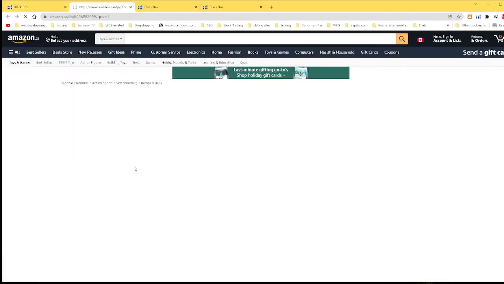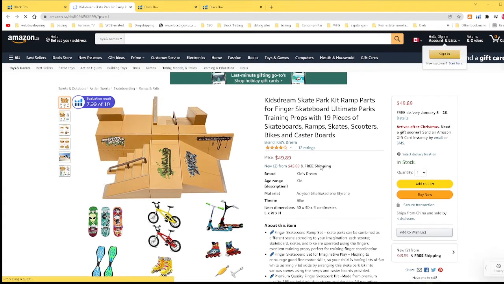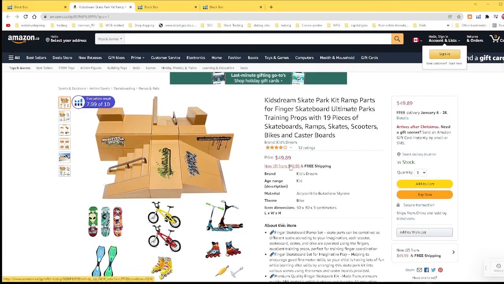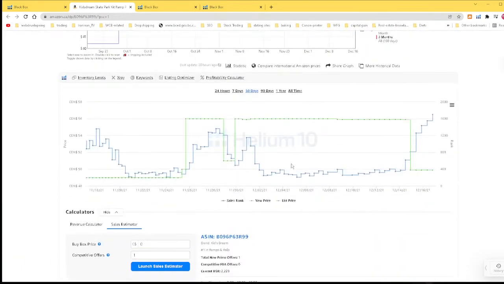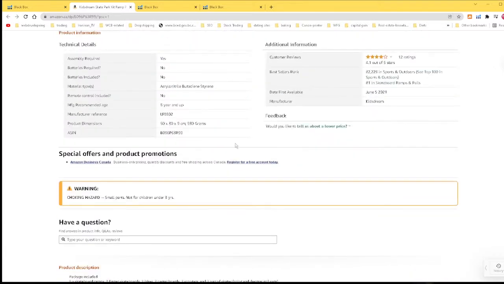So what is this? Let's go have a look. Ooh, this one is a skate ramp. Wonder how heavy that is. That's probably heavy. I don't know how heavy that is. 500 grams.